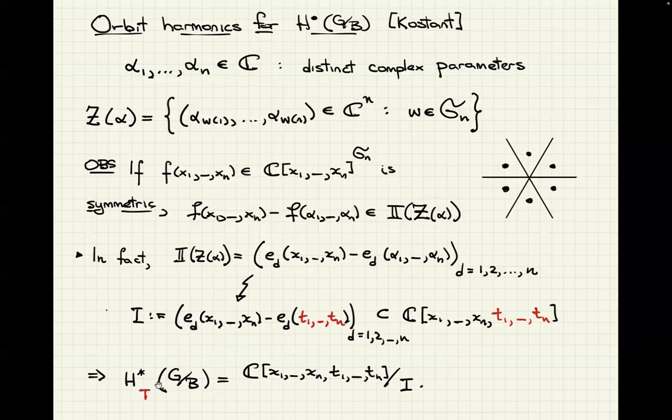And we get this kind of bizarre thing where when I replaced my complex numbers in the orbit harmonics deformation with torus variables, and I looked at this new ideal, what I got was the presentation of the equivariant cohomology ring. So ordinary orbit harmonics was presenting ordinary cohomology, and replacing my parameters with t's was giving me equivariant cohomology. Okay.